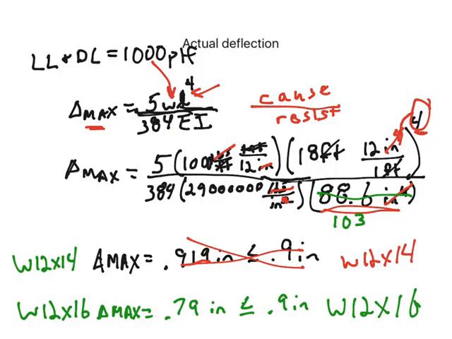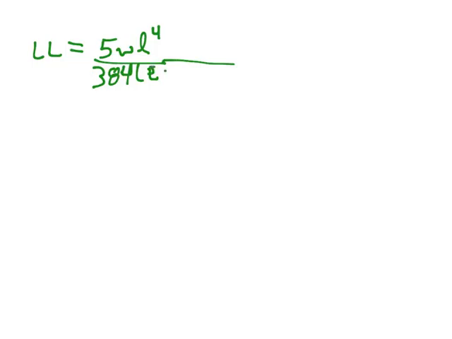But don't forget, we have to do this again for just the live load. And so I'll go to another couple slides here, and we'll do the deflection for just the live load. And so the formula is the same: 5 W L to the fourth, divided by 384 times E times I, which is going to be 103 this time. The difference is going to be our W. So let's go ahead and do that.